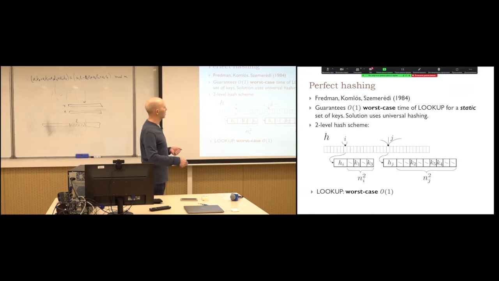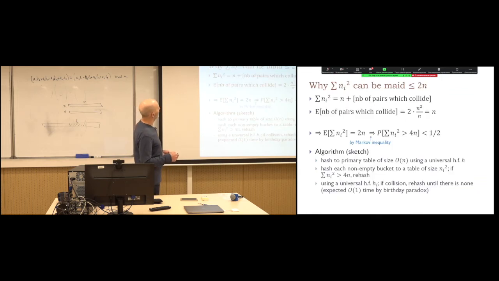The first level is obviously linear space because the size of the hash table is a constant factor away from the number of objects, but it's not obvious that these second level hash tables will take linear space. This is the first point, and the second point is how we construct this. So the first question is why this is linear space.